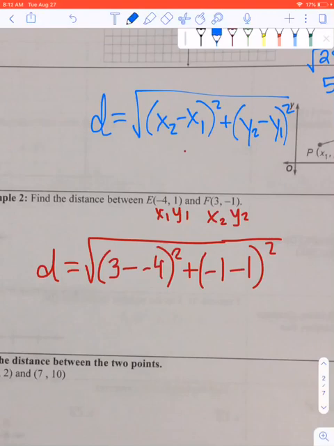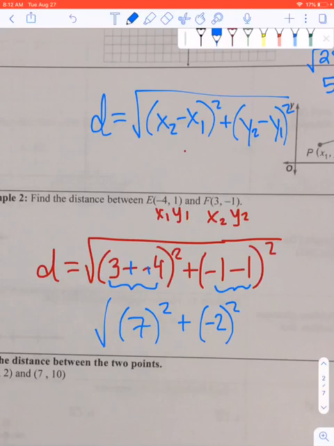Start with your parentheses first. So I'm going to start with that subtraction. We have 3 minus negative 4, that's going to turn to plus positive 4 to get 7 squared. And on the second one, we have negative 1 minus 1, that's negative 2 squared. And then don't forget to add in your square root.